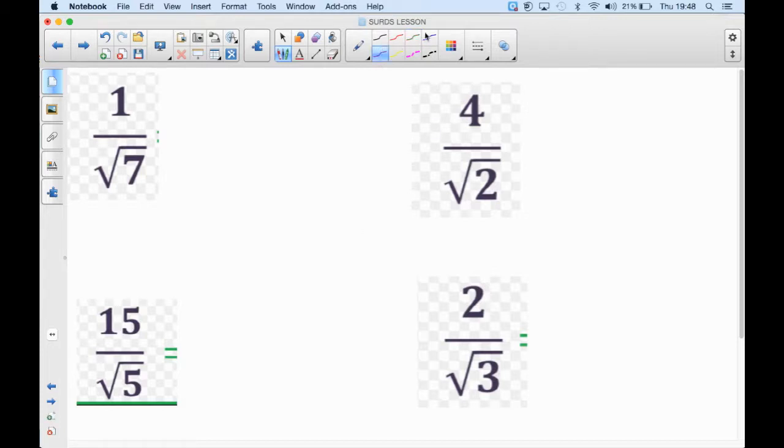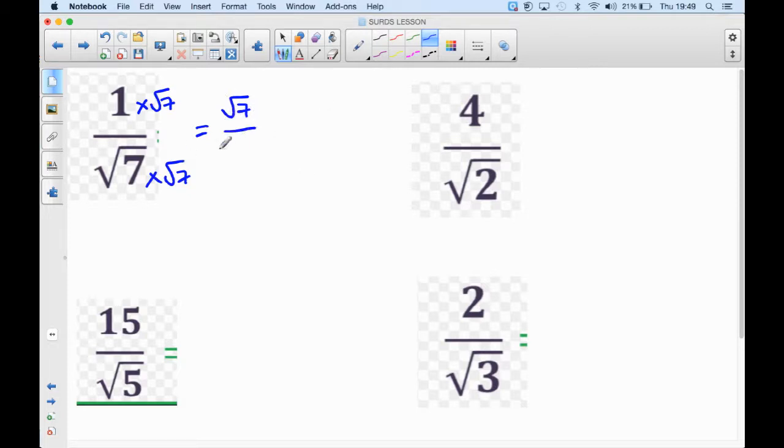Okay, so we're going to rationalize 1 over root 7, meaning we're going to get rid of this root 7 by multiplying by itself. Whatever I do to the bottom, I'm going to do to the top. So that will give me 1 lot of root 7 at the top, because 1 times root 7 is 1 lot of root 7.